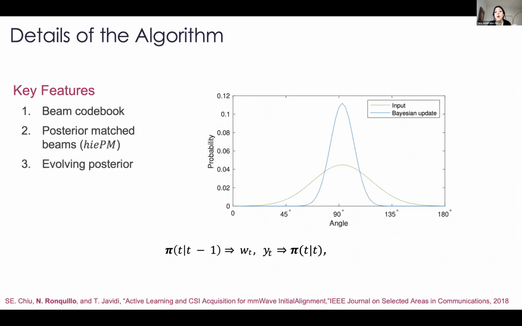Here, for example, Y of t was high power enough that it tells me my angle of arrival was covering this half of this lobe, and you can see that I have increased my posterior probability that I'm covering the transmitter in the angular space between, you know, 60 degrees and whatnot. Now, this is the first step. This is based on your observation. You filter your posterior.